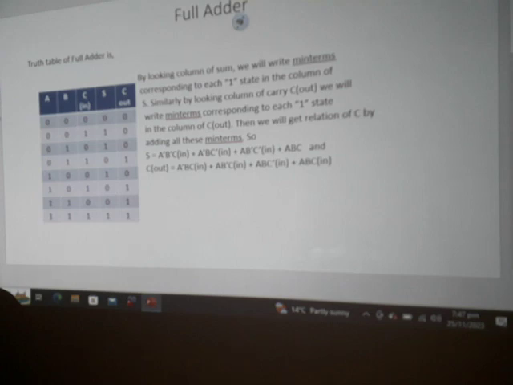Now the truth table of the full adder is drawn. We have 3 inputs A, B and C in, and the 2 outputs sum and carry out.